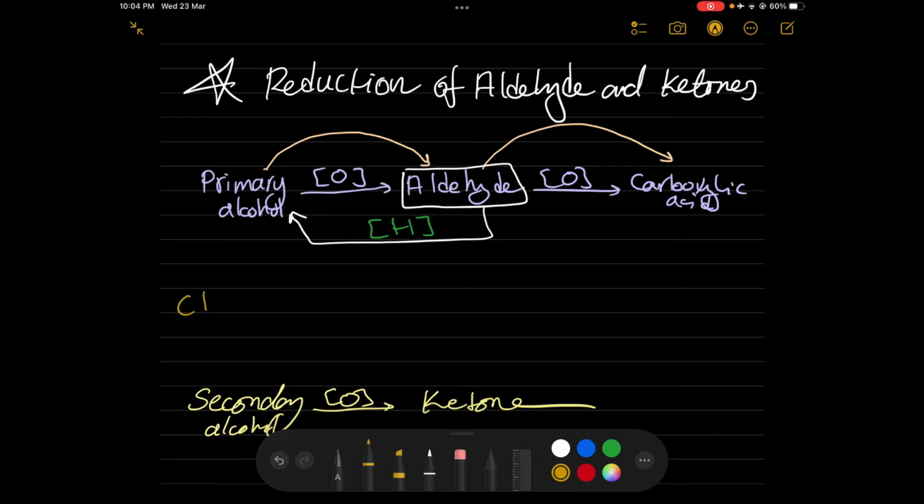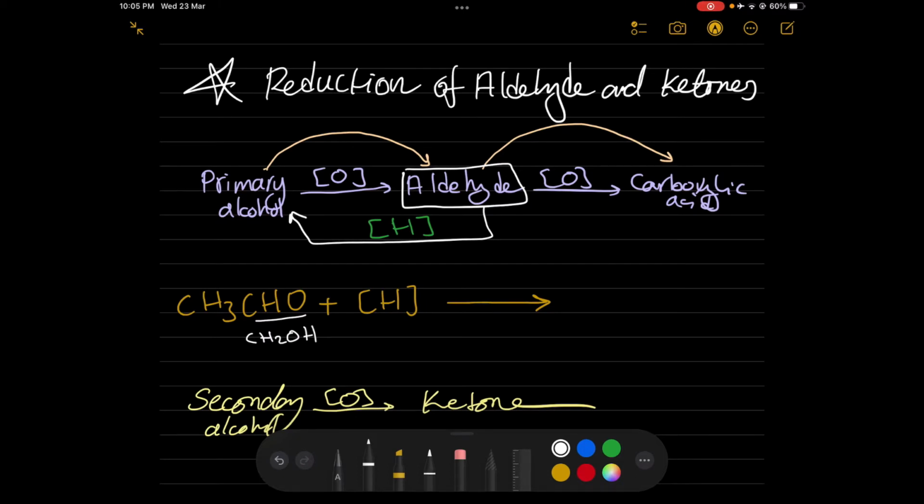So let's take ethanal, CH3CHO. We're going to make a reduction, and we can put hydrogen in here. The product that we're going to get is a primary alcohol, and you just remember that this group will change to CH2OH.